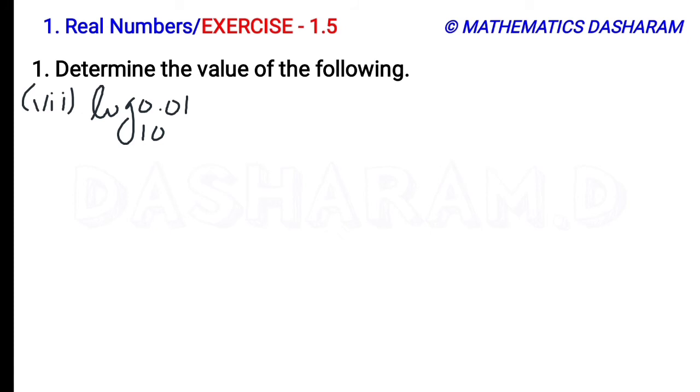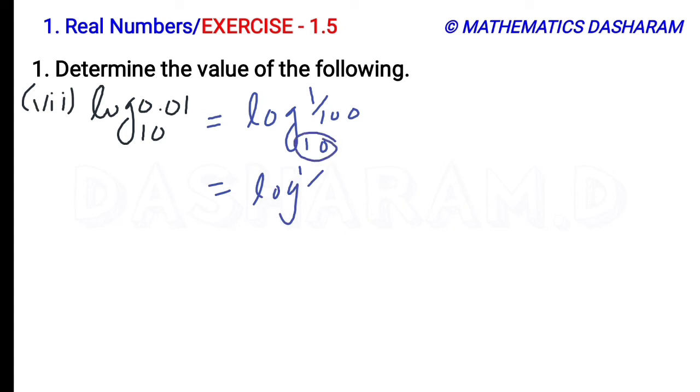Seventh question, log 0.01 base 10. 0.01 is a decimal number. Let's convert it into fraction form. So log 1 by 100, base 10. The exponential form of 100 is 10 square, base 10.